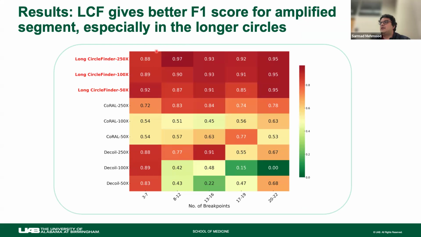In this heat map, the F1 score for the amplified fragment detection is given. On the y-axis, the three algorithms for three coverages, 250x, 100x, and 50x, are given. On the x-axis, the breakpoints are given, and we can see that for amplified fragment detection, Long Circle Finder is outperforming its competitors, especially for the longer circles.